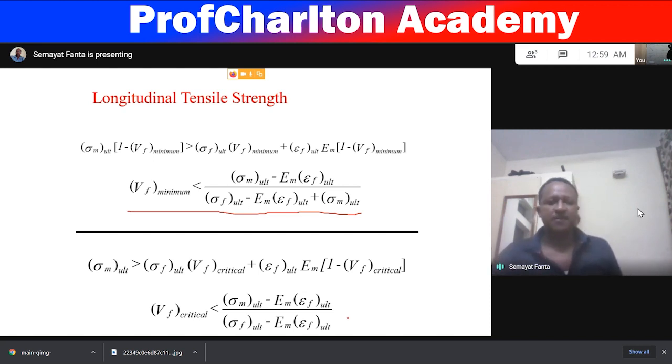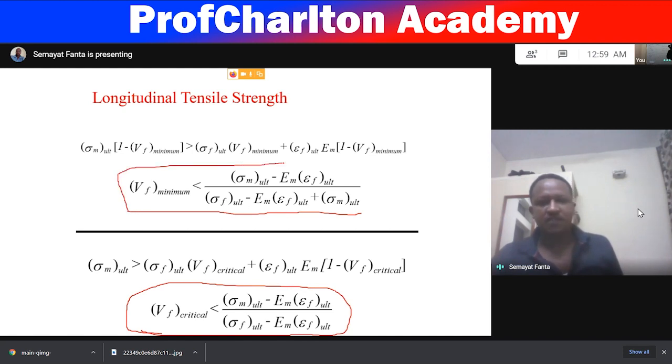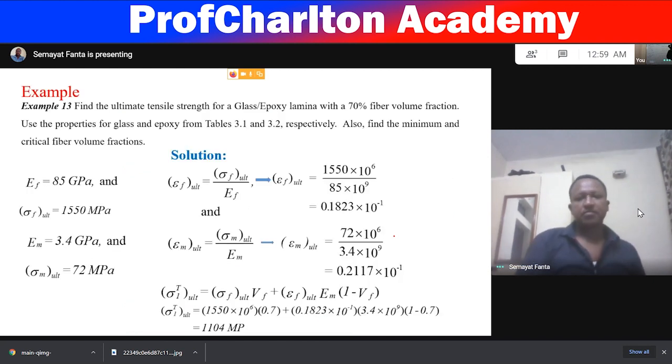The critical one is related to this formula. So this is the critical volume fraction, and this is the minimum volume fraction that we can limit.